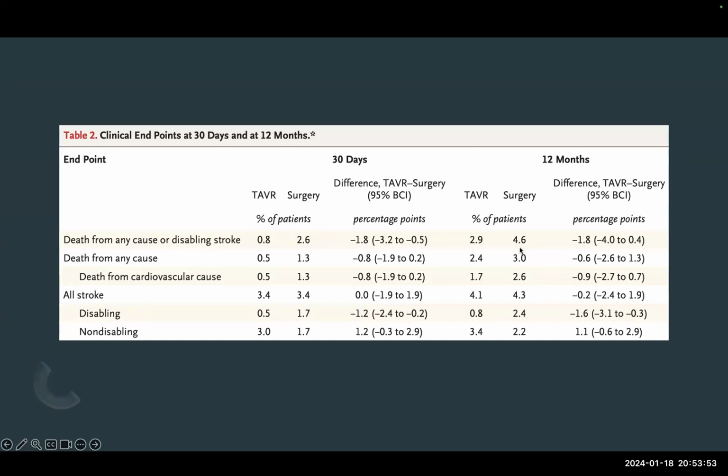This is also huge. If you remember, when we did the analysis for PARTNER 3, these are not the same numbers. Look at the surgery arm: 4.6, death or disabling stroke. 3% die in surgery at 12 months.